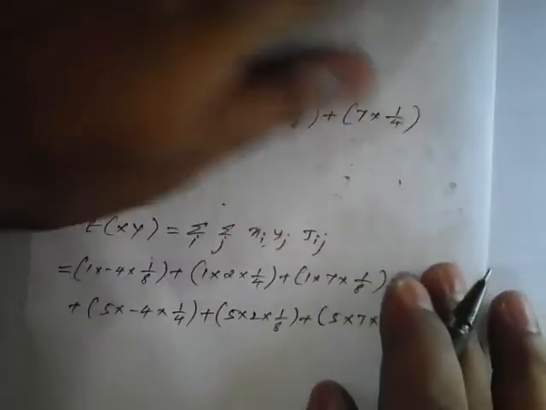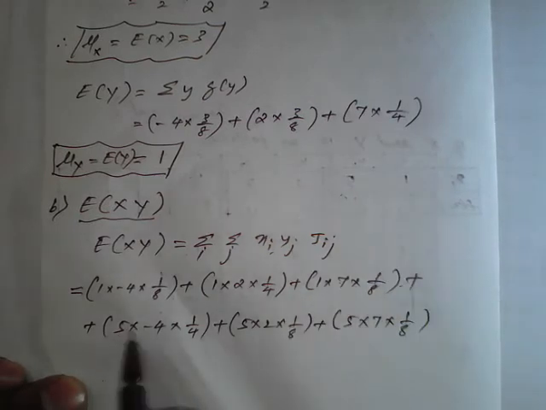So we need to calculate this. We have to take all the summation. This is the first row and this is the second row.